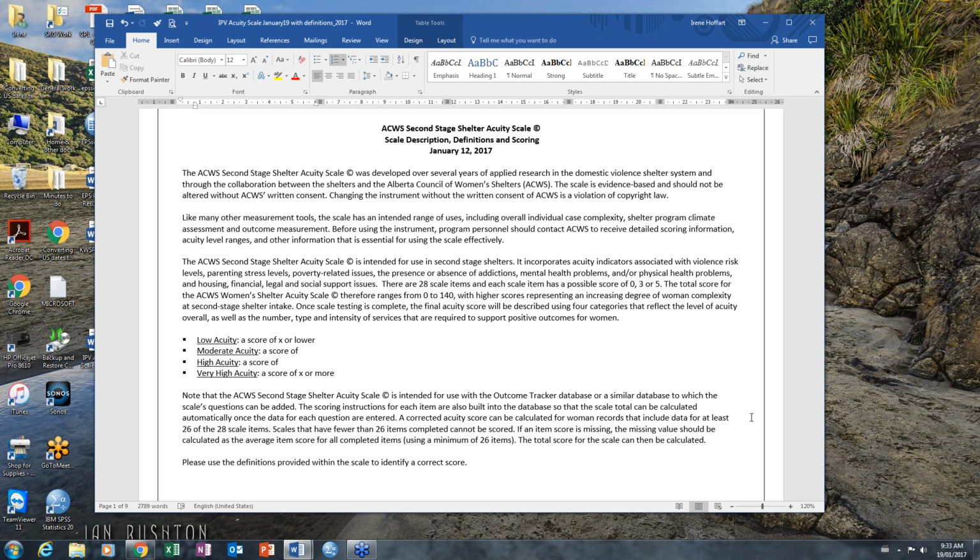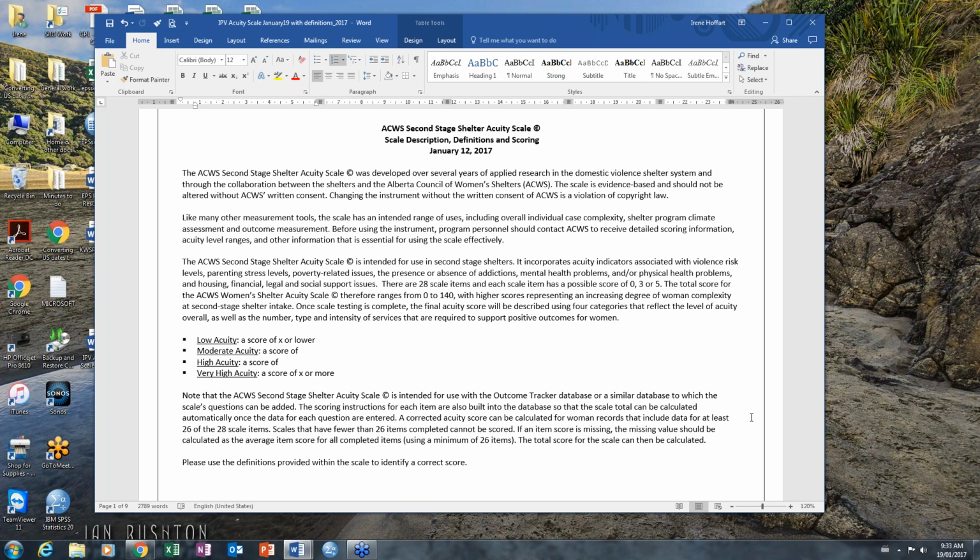So essentially, for those of you who are not familiar, we've been working in the second stage shelter project since 2013 with second stage shelter directors, which all of you shelter directors represent, and they were quite actively participating in the development of the scale.